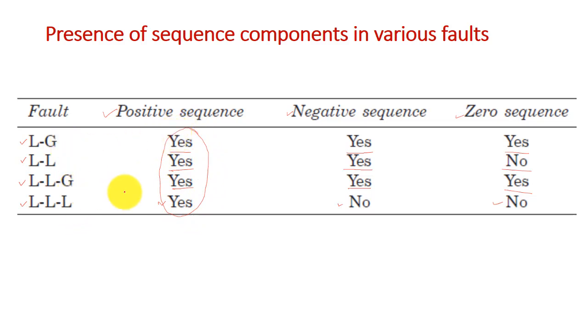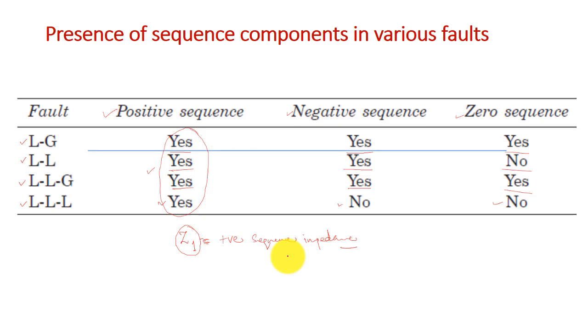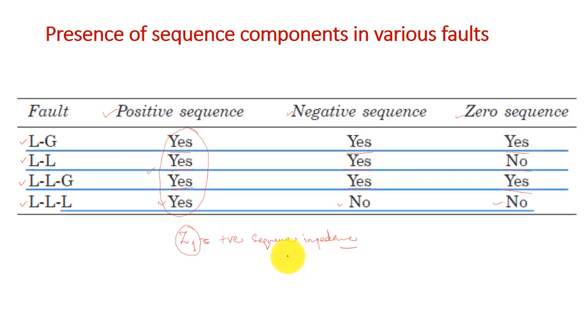So it is important to take the positive sequence impedance rather than the negative and zero sequence impedance, because they do not exist in some of the faults. Therefore, we will focus on deriving the positive sequence impedance formulation, and out of that we will reach the final equation. Okay, so let us see one by one.